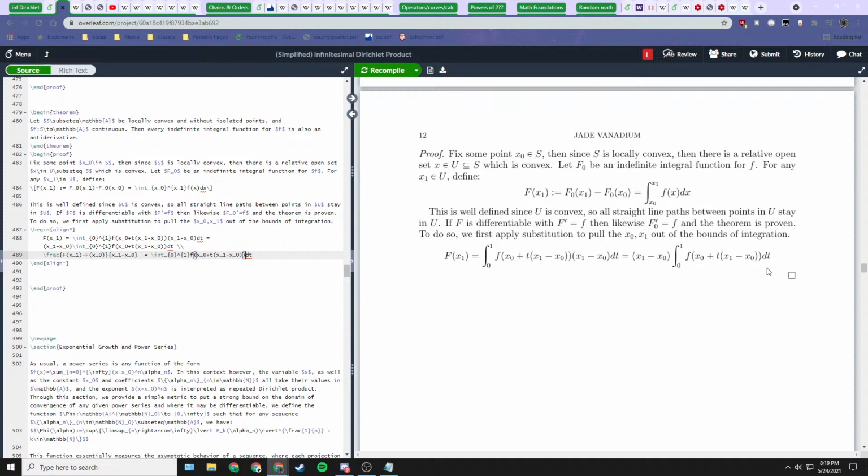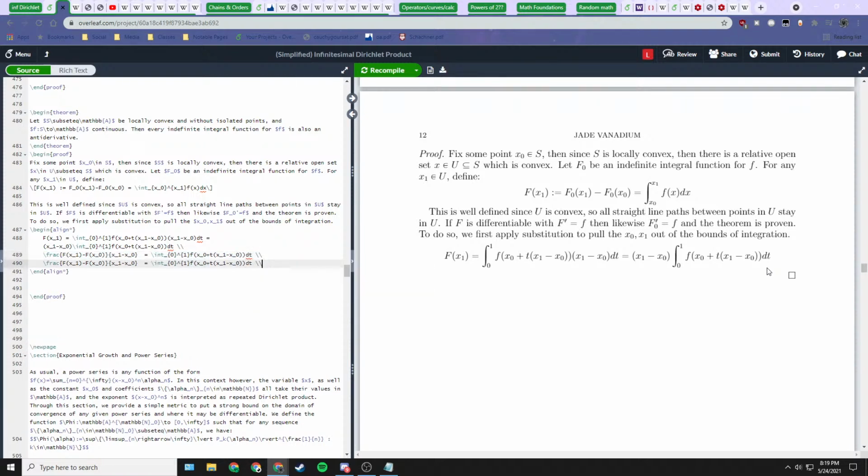And we can also say if we subtract F of x0, that can be pulled into this integral just like that, because our integral has a weight of 1.